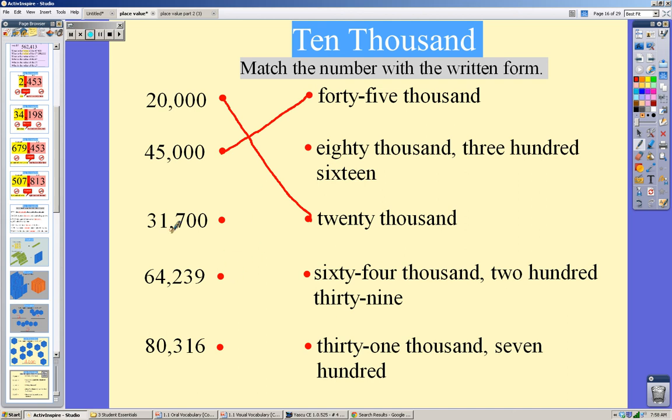What about this one? Yeah, 31,700. Good job. We'll come down here like that. What about this one? Yep, 64,239. Can you find that over here? Oh, there it is, right across from it. How about this one? 80,316. There's only one left, so we draw a line up there.